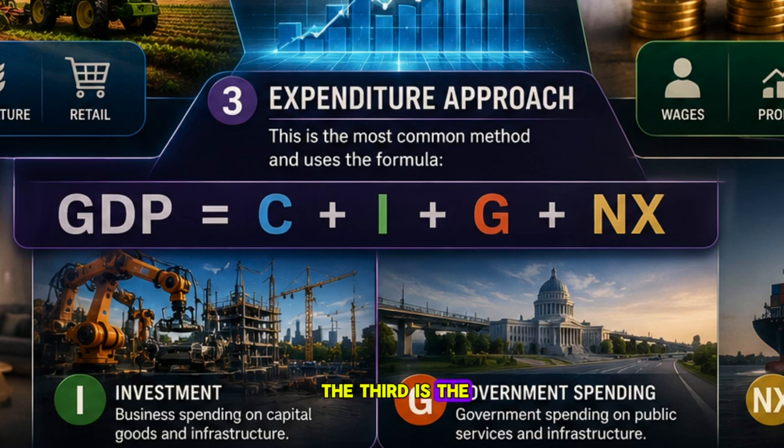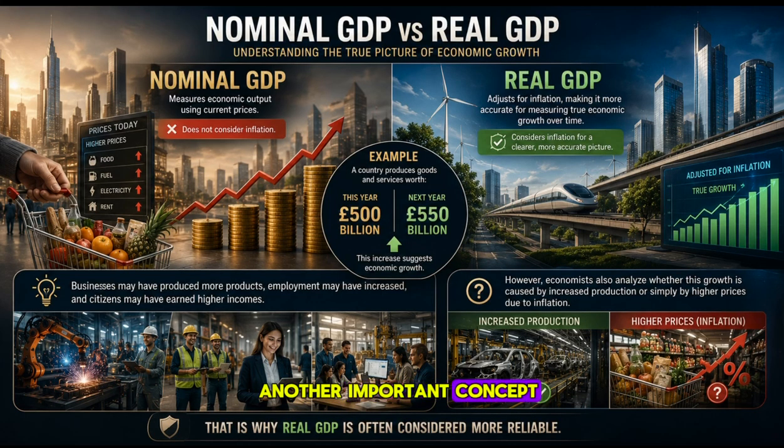The third is the expenditure approach. This is the most common method and uses the formula GDP equals C plus I plus G plus NX. This is the formula.